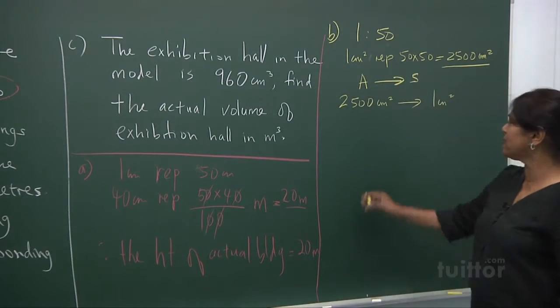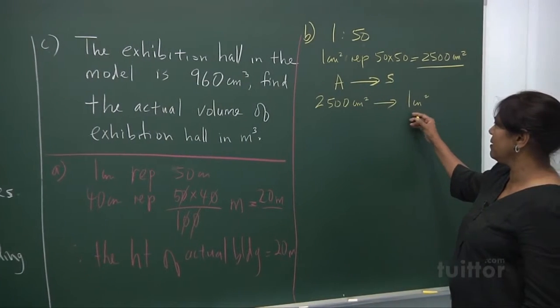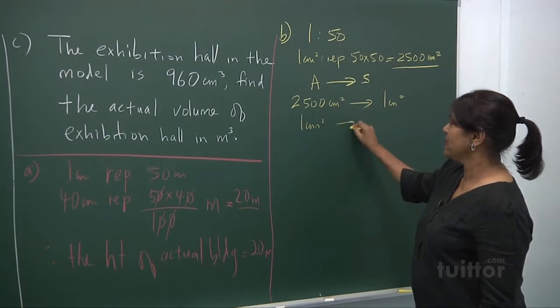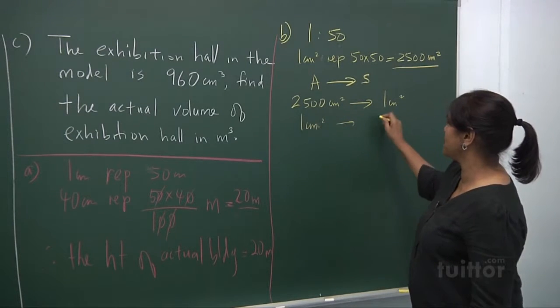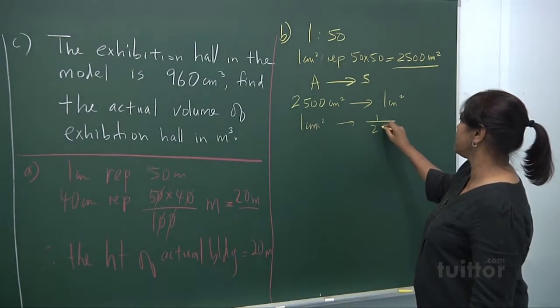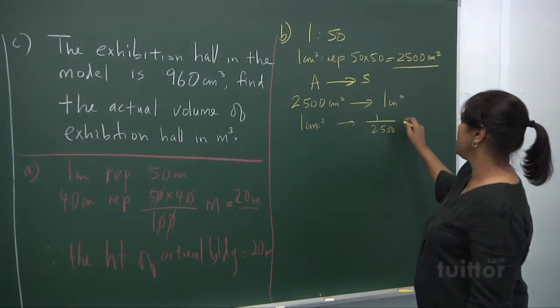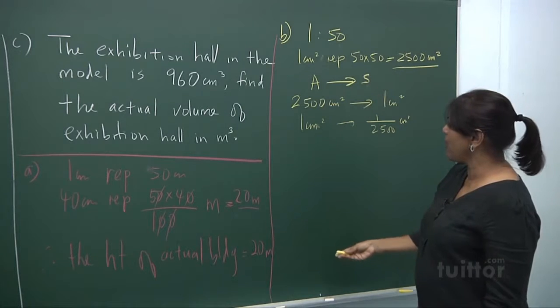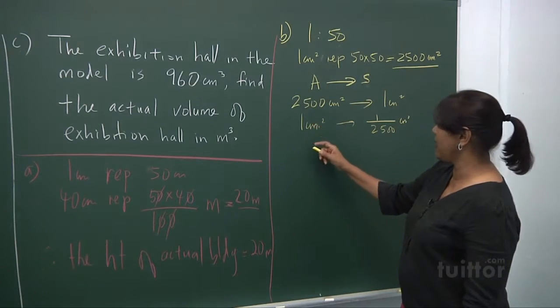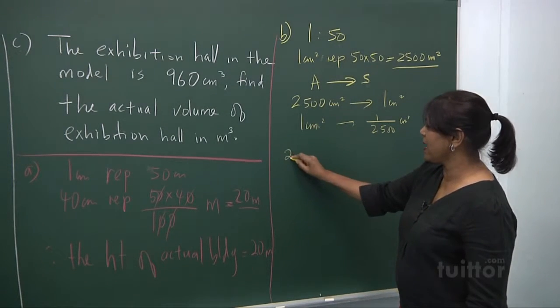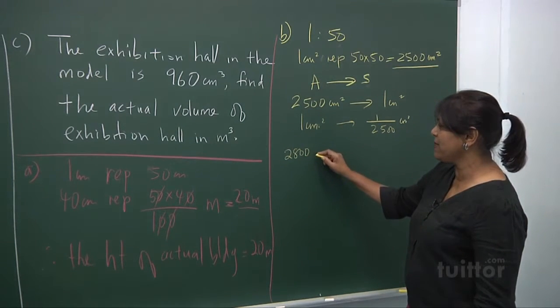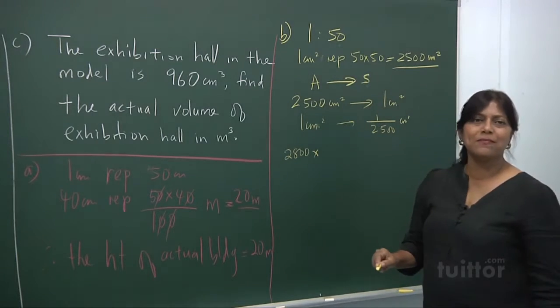So let's look at this first from actual to scale. 1 cm squared on the scale represents 2,500 cm squared actual. Now let's look at this 2,800 meters squared. You want to change this to cm squared.